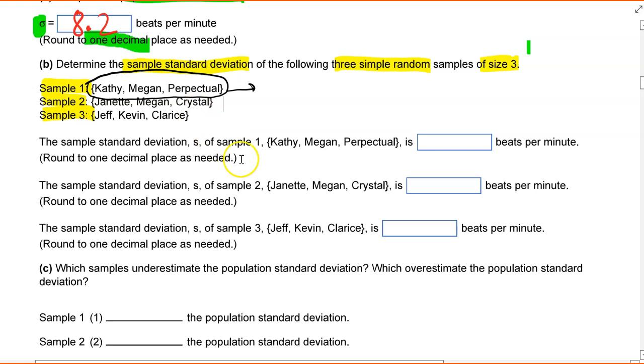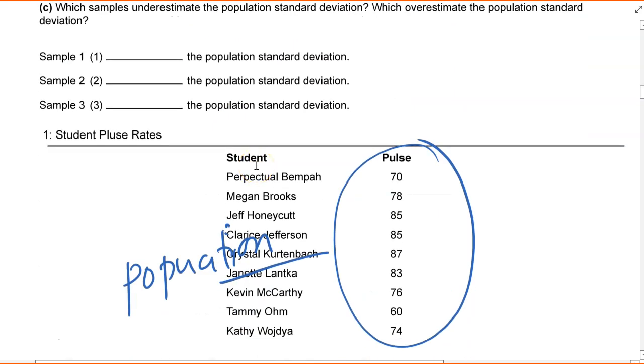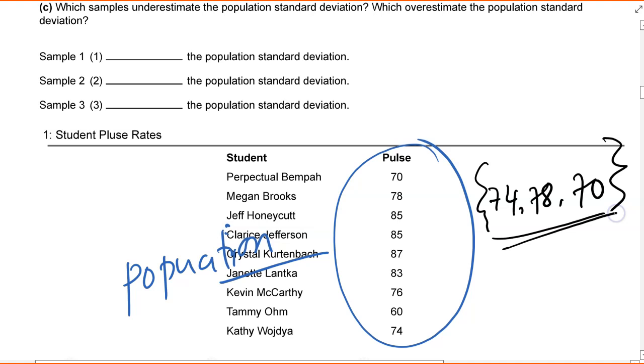Kathy has a pulse rate of 74, Megan has a pulse rate of 78, and Perpetual has a pulse rate of 70. Now you have to find the sample standard deviation of this three-value data set.